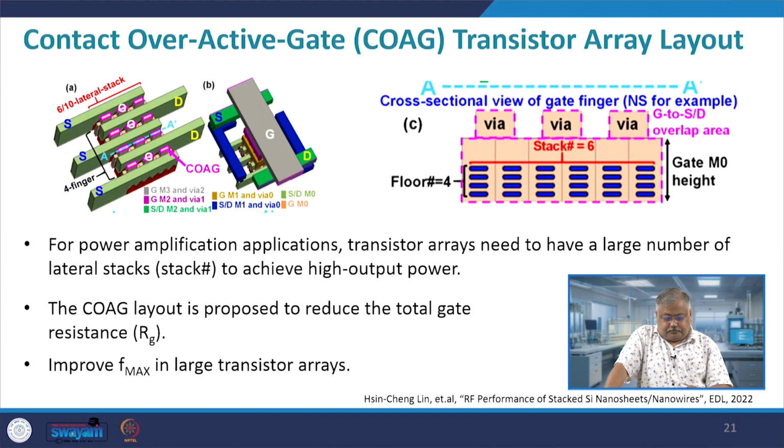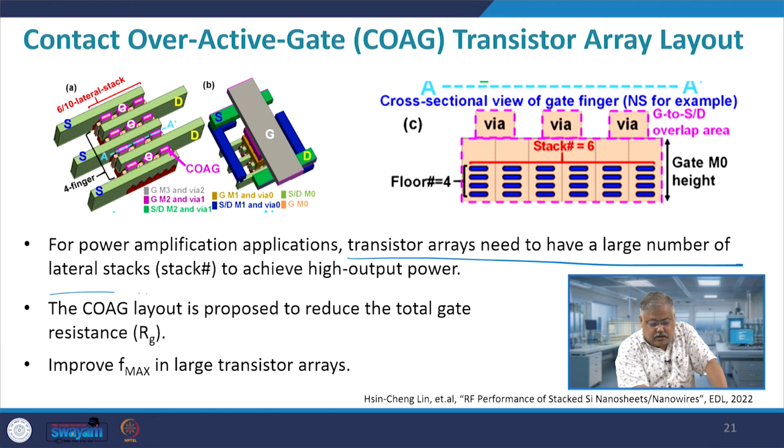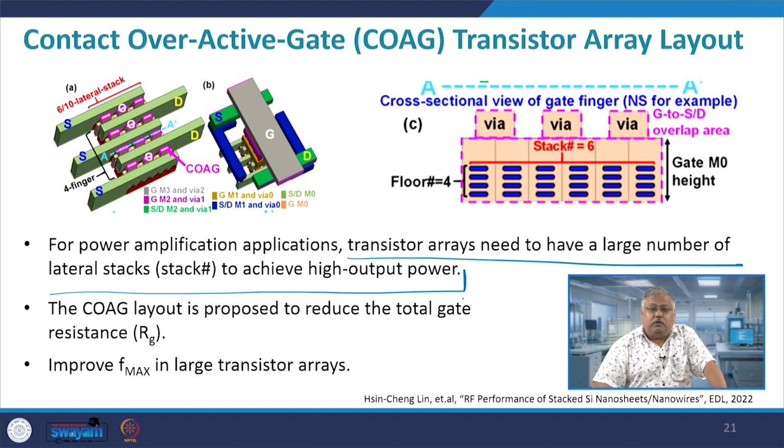Let us look at the last part of our discussion on analog design, and this is contact over active area gate design. This is basically, if you do it for power amplification purposes, the transistor array needs to have a larger number of lateral stacks. I hope you understand why, because you want the output power to be very high.